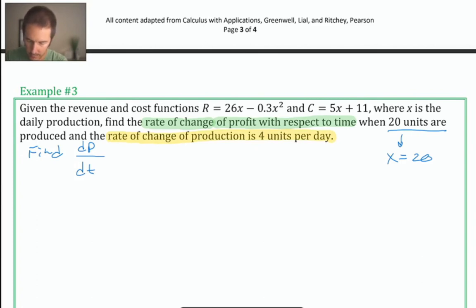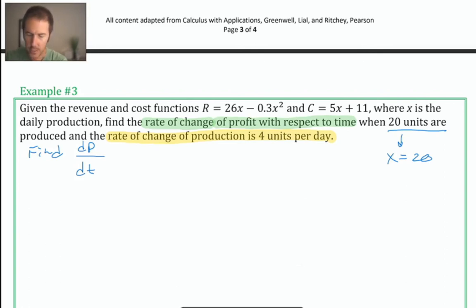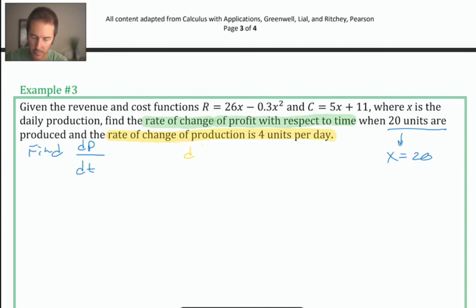All right, let's see if my yellow pen is very legible so that all this matches up. Rate of change of production, so that's dP? Rate of change of production is 4 units per day. Oh no, production is all about that X variable. This is dx. And it's per day.